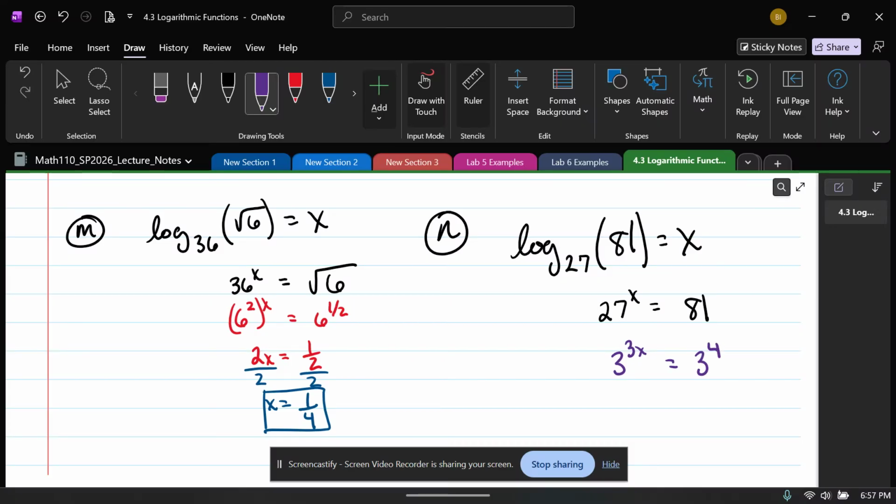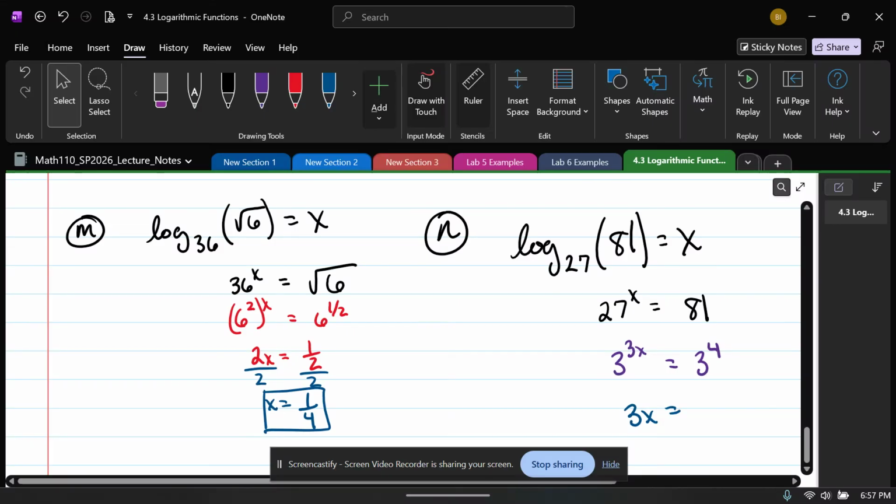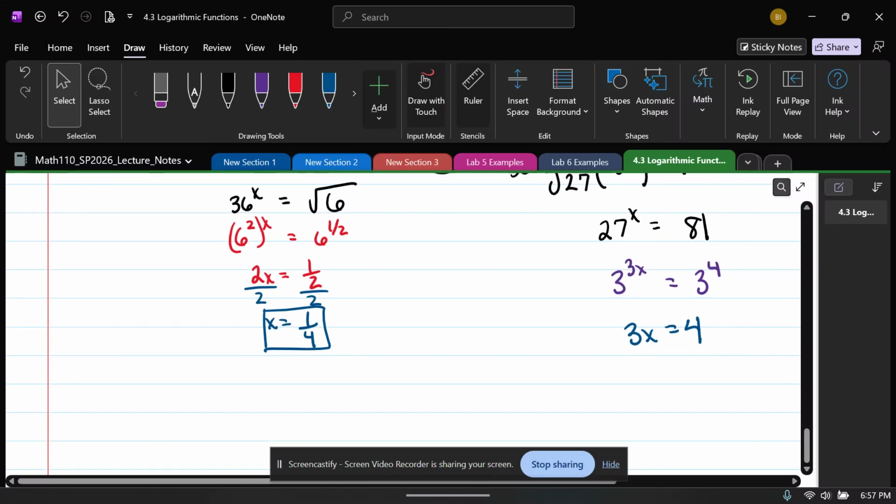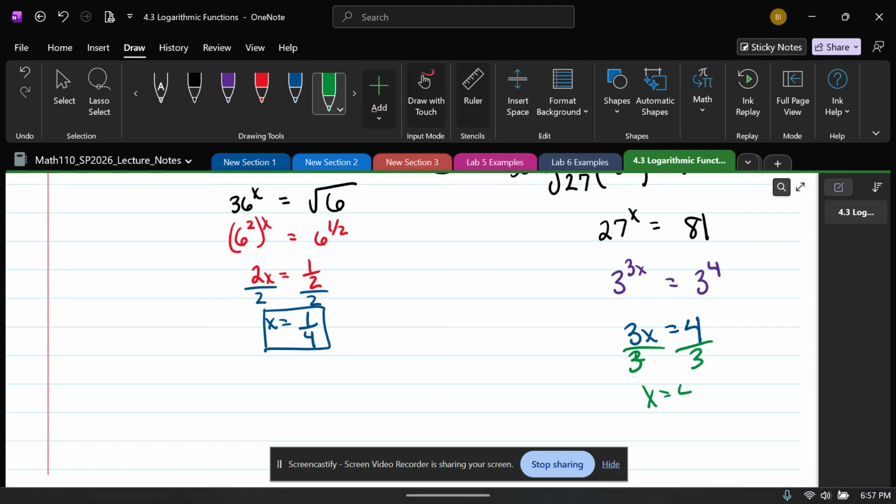Good. And my equation then becomes what? Yeah, 3x equals 4. Divide. Yeah, 4/3 is what x is. So here we got something taking what we had already learned and having to use it a little bit.